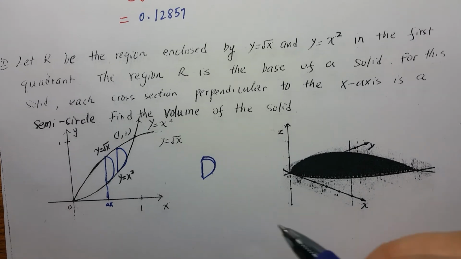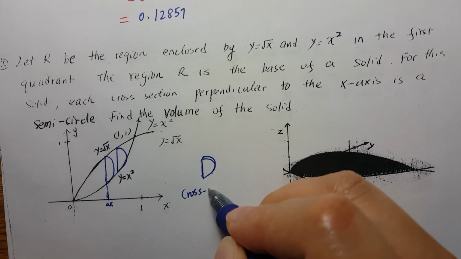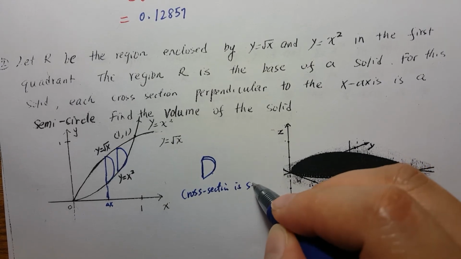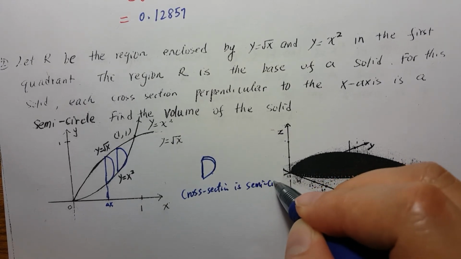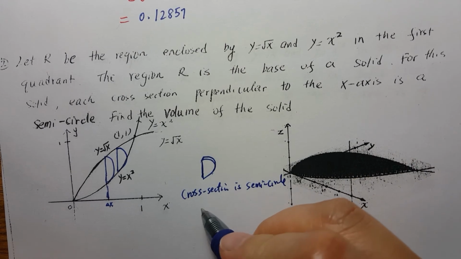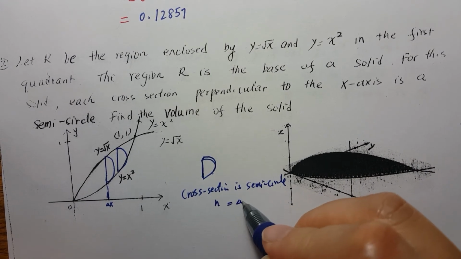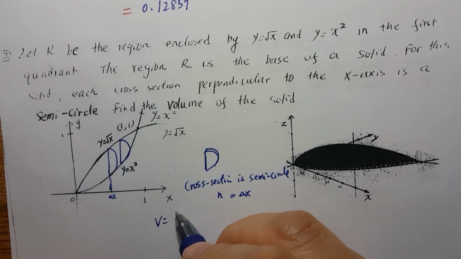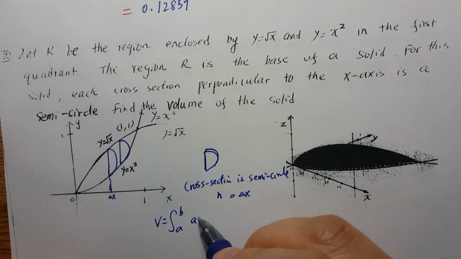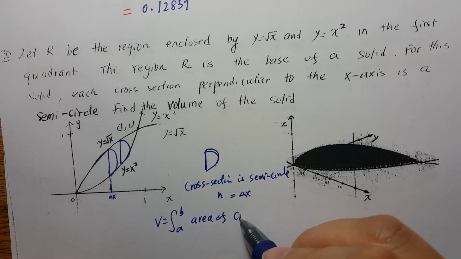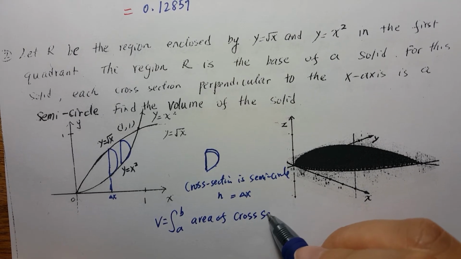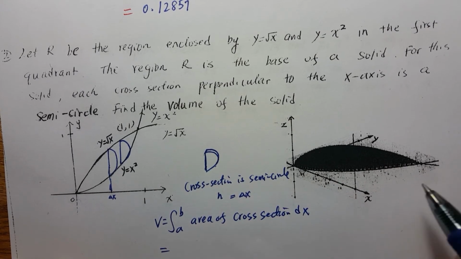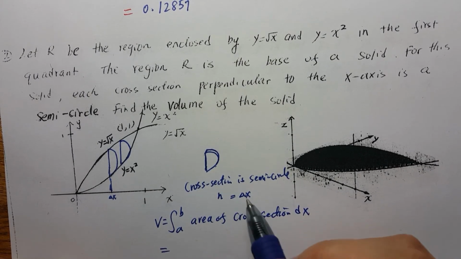So the cross section is a semicircle, and the thickness or the height is delta x. Now we are still going to use the same formula: V equals the integral from a to b of the area of the cross section dx. This time the area of the cross section is based on the semicircle.